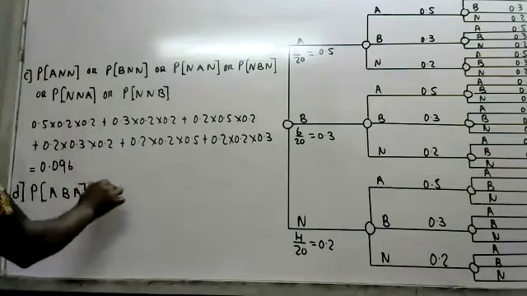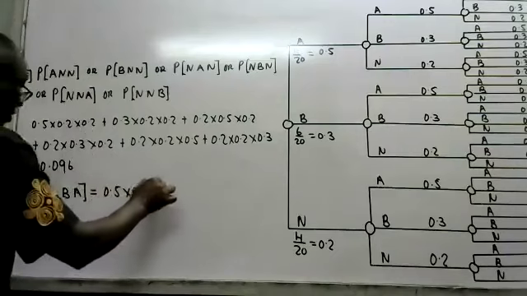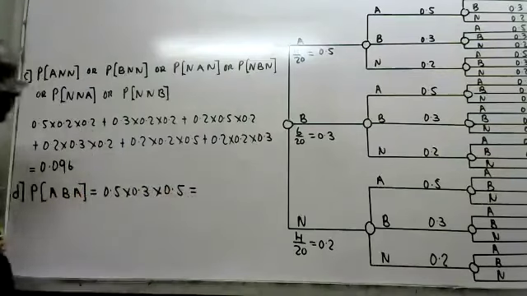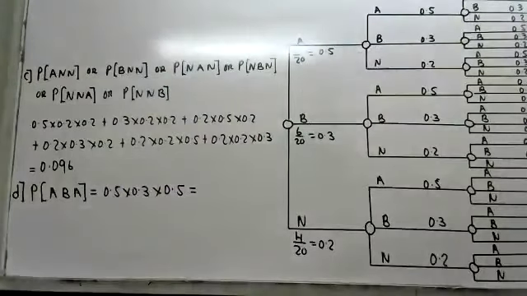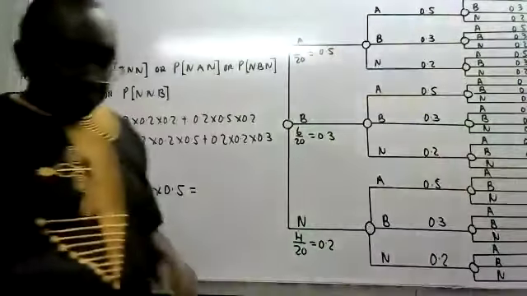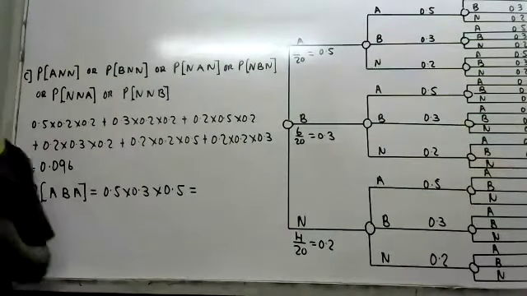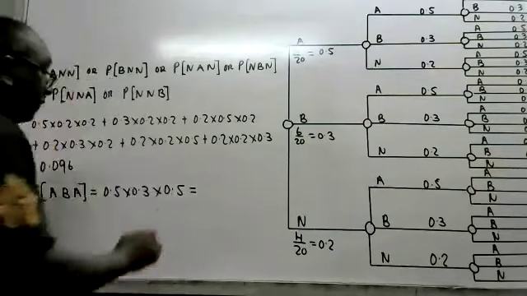So it is 0.5 times 0.3 times 0.5. Give me the answer. 0.075.